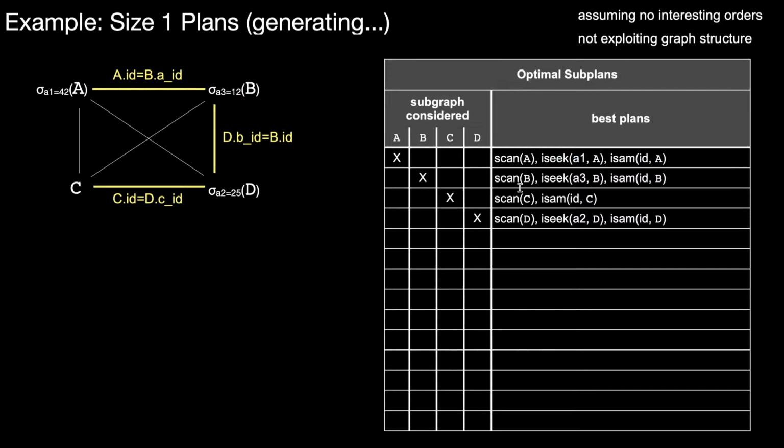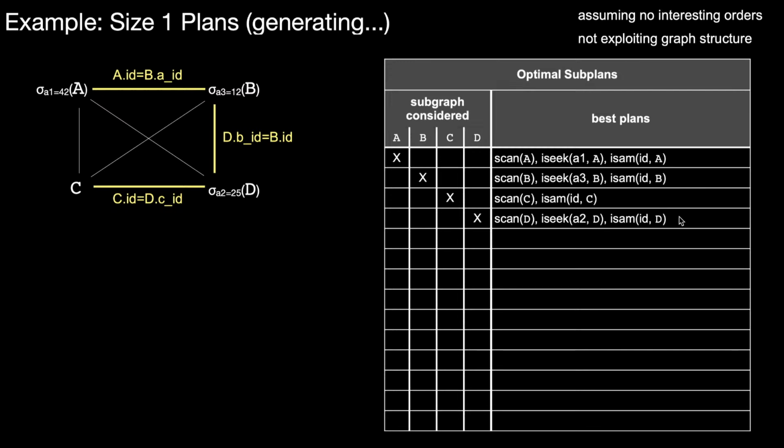You can always do a scan, of course. So here scan, scan, scan, of course. And depending on whether an index is available or not, you might be able to access an index. So recall again, at this point in time, you better have a catalog telling you which indexes exist on which relation and on which attribute, because that's the information you need here at this part of the optimization process.